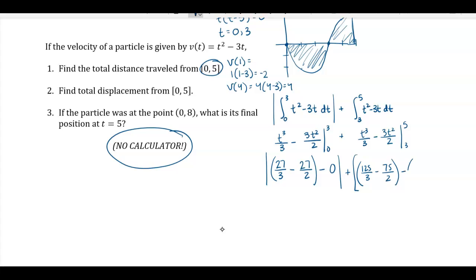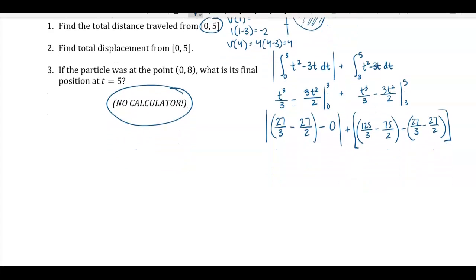And then for 3, I already did it: 27 over 3 minus 27 over 2. I'm going to make everything into sixths so I can simplify. So this will be the absolute value of 54 over 6. 27 times 3 is 81, so minus 81 over 6. The 0 I'm just going to get rid of, it makes no difference.